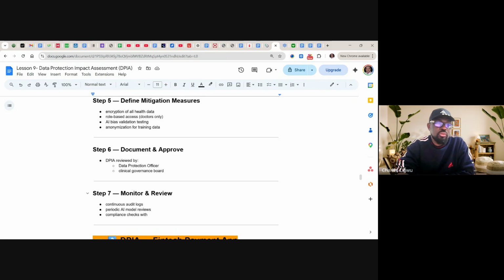Your work needs to be reviewed by the Data Protection Officer, which is you, if you are the Data Protection Officer working on this. And not only you, it is going to be together with the Clinical Governance Board. It's not going to be only you. There must be a board that will help to review and approve the data protection impact assessment you carried out.